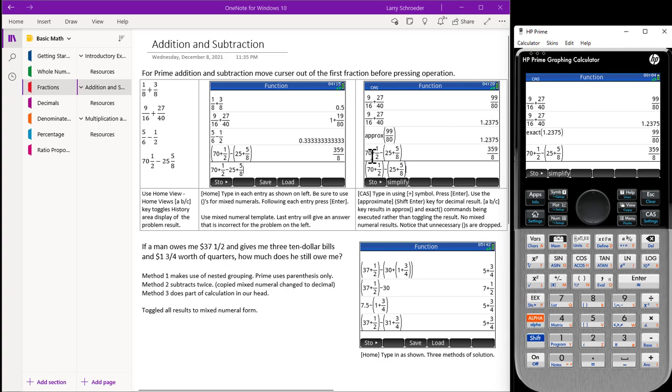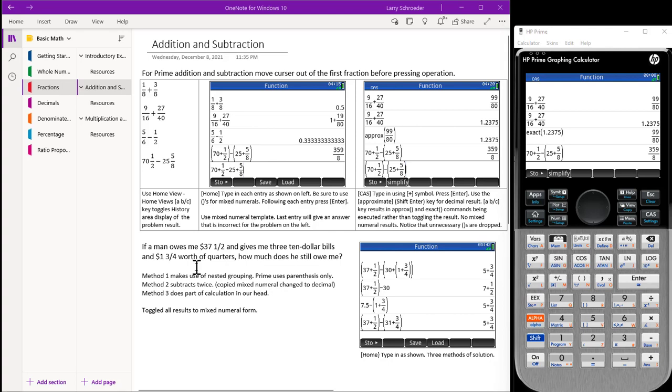It ends up writing the answer without the parentheses on the first part. The CAS version always tries to get rid of extra symbols in there. Sometimes this happens on the home, sometimes it doesn't. We don't know exactly why this happens and why it doesn't happen. Here in our example, it showed it with the extra parentheses still being there.